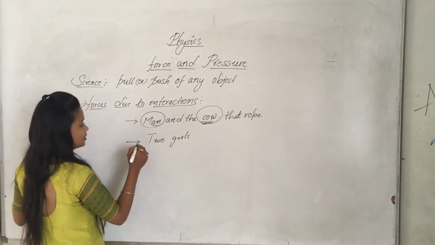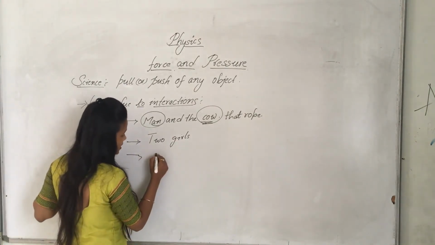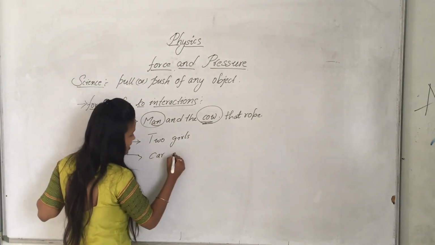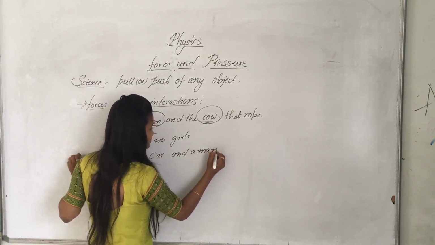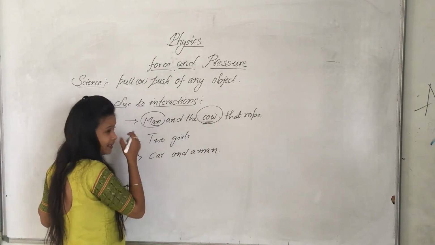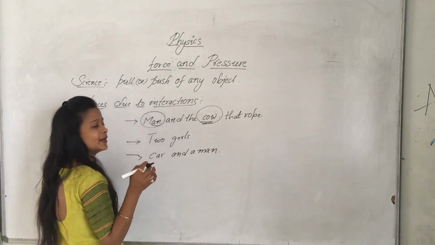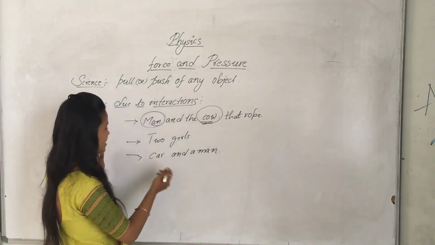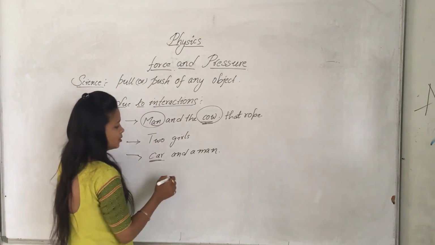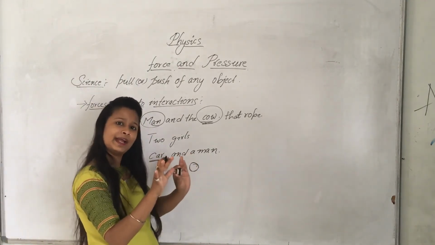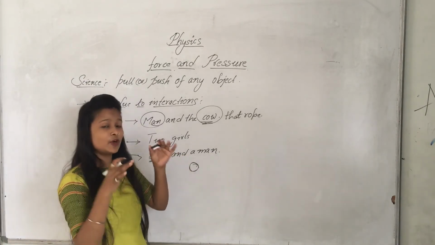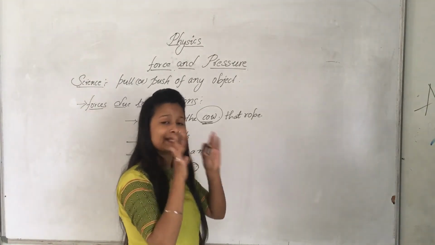Now, suppose an object called a car, and a man. Suddenly, if the car stops, what do the other members do? One will start steering and the other will push from the back side. Am I right? Sometimes, if you want to start a car, we push from the back side.